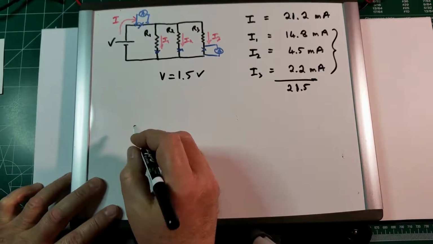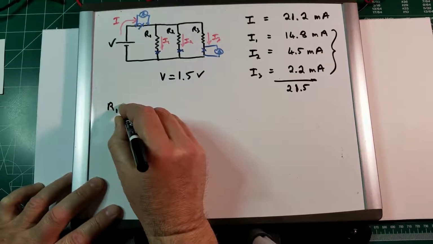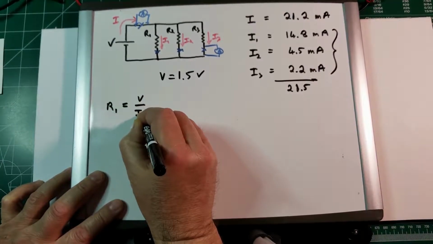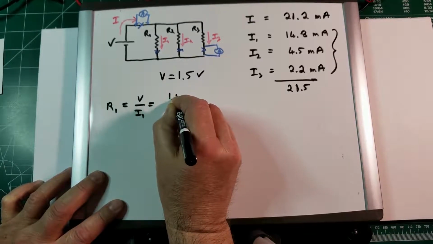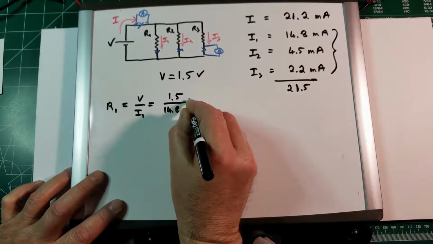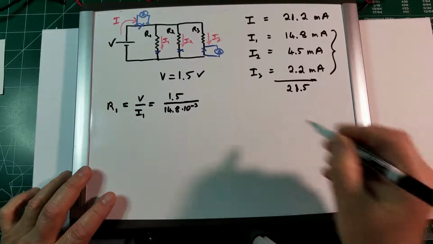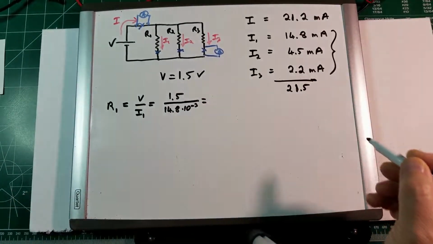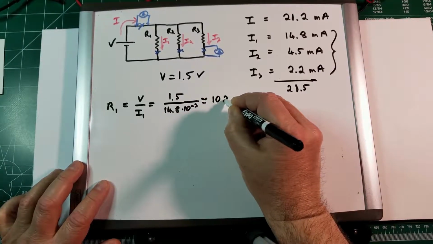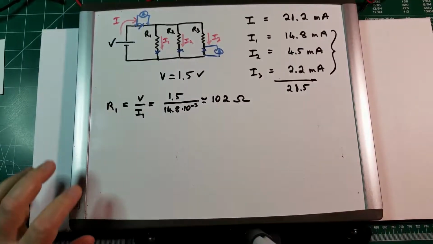So if I calculate R1 as V divided by I1, I obtain 1.5 divided by 14.8 milliamps, so times 10 to the power of minus 3, and this is equal to about 102 ohms. Ohm is the measurement unit for the resistors.